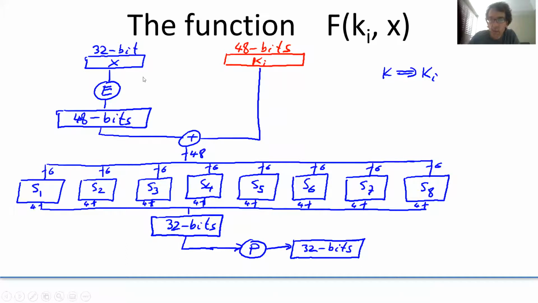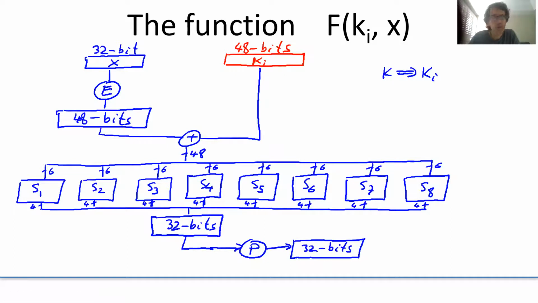Let's call this whole circuitry C. So the round function looks like, given an argument X, you expand it, but let's forget about that. You take X and XOR it with the key K, and then you output C applied to the XOR between X and K.